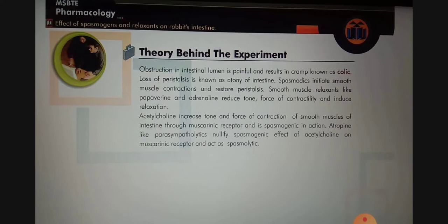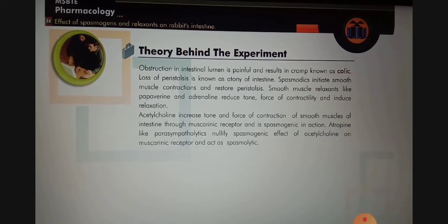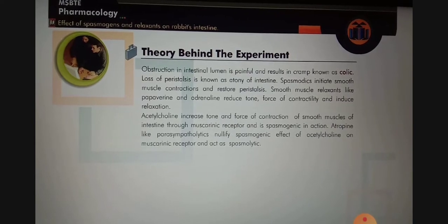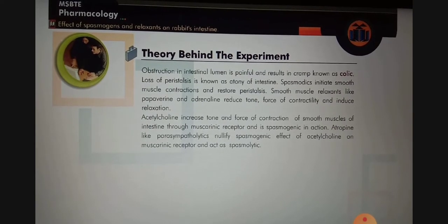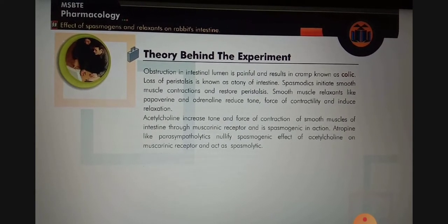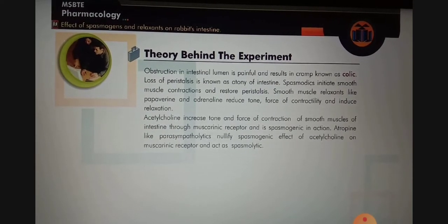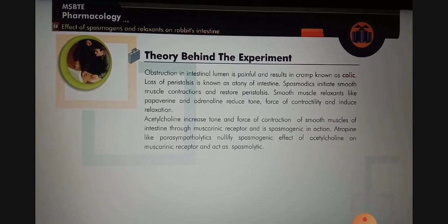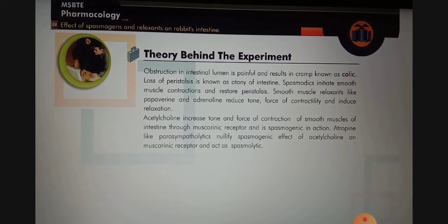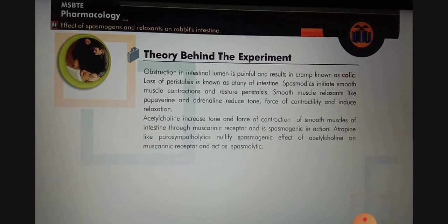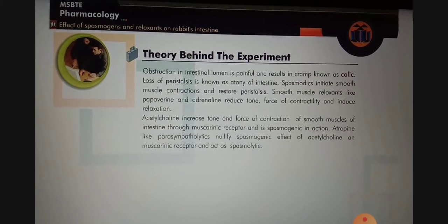Acetylcholine increases tone and force of contraction of smooth muscles of intestine through muscarinic receptor and is spasmogenic in action. Atropine-like parasympatholytics nullify spasmogenic effect of acetylcholine on muscarinic receptor and act as spasmolytic.